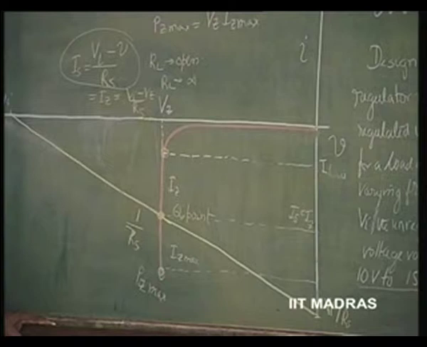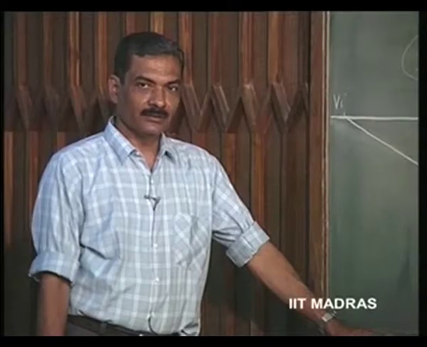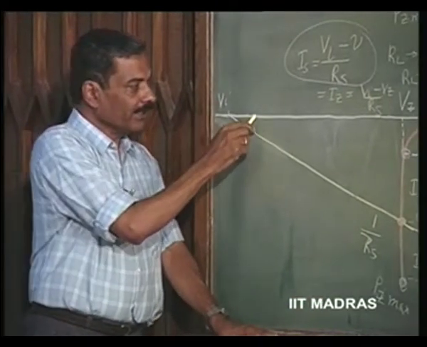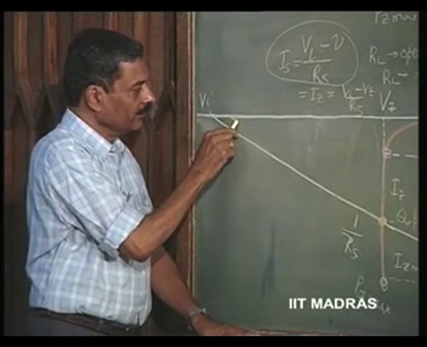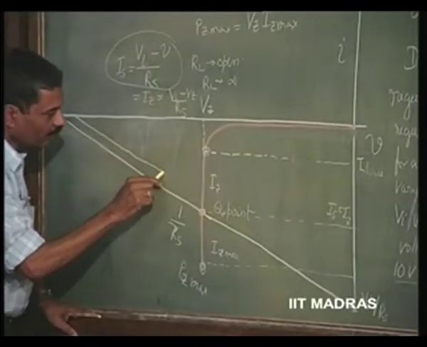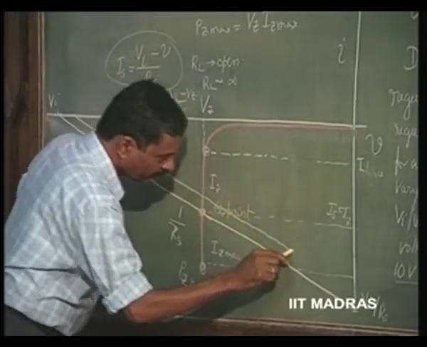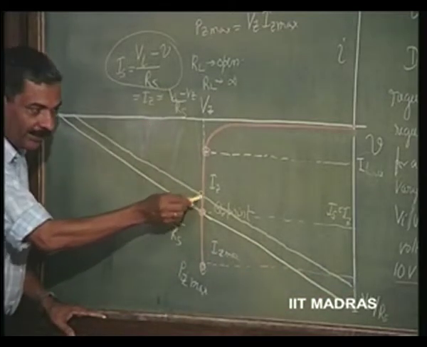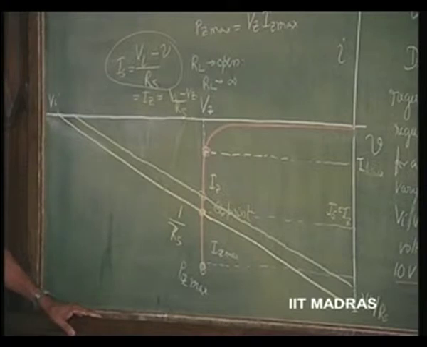So, suppose VI varies from, let us say, 10 volts to 15 volts or whatever it is. For another voltage of VI, the slope remains the same. So, this is a parallel line. So, it is shifting. So, the operating point shifts here. So, what did we do in the case of diode circuit?